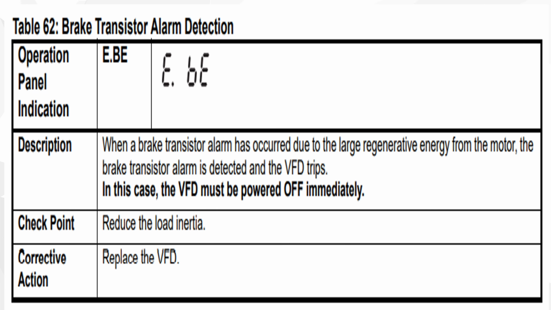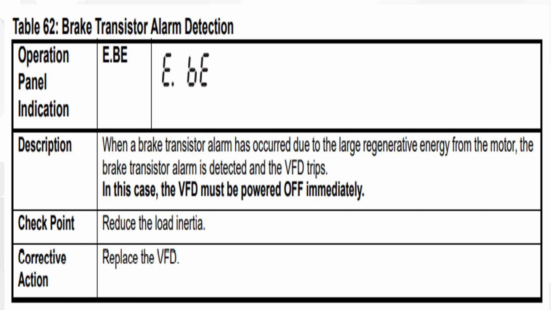E.BE, brake resistor alarm detection. Actually, this alarm is detected when there is too much energy from the motor. We use a brake resistor with our motor when we are stopping the VFD quickly. In that case, there is some DC voltage, so we discharge that voltage.